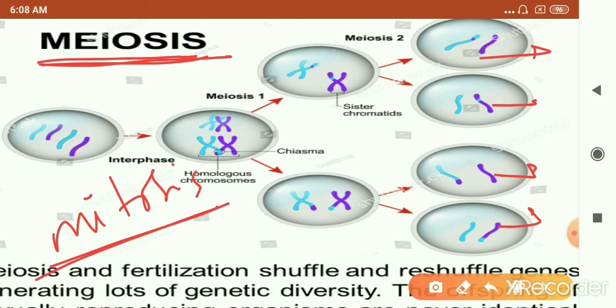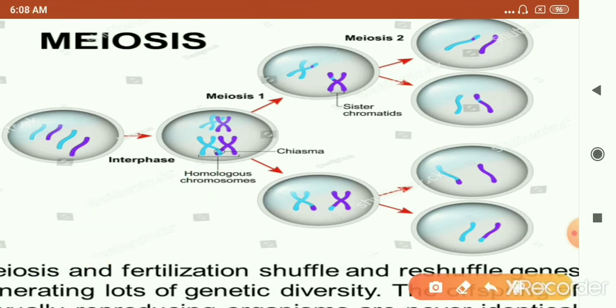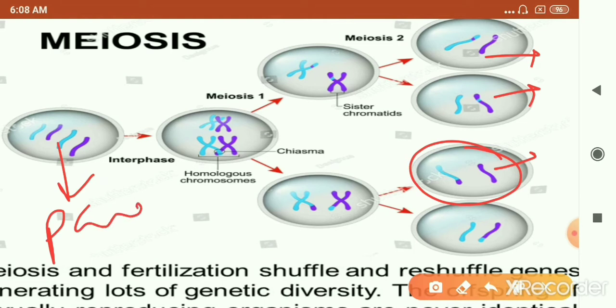In mitosis, every cell has a nucleus with a fixed chromosomal number, so the chromosomal number in the daughter cells produced will be the same as that of the parent cell. But in meiosis, the daughter cells produced will have half the number of chromosomes of the parent cell, right?